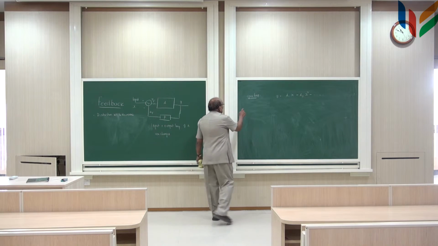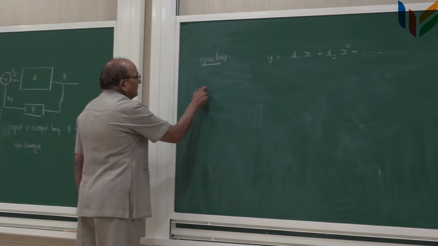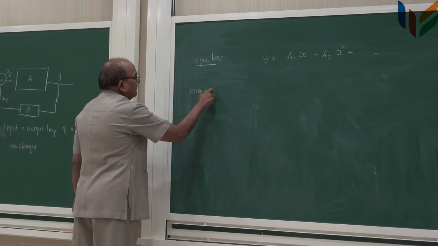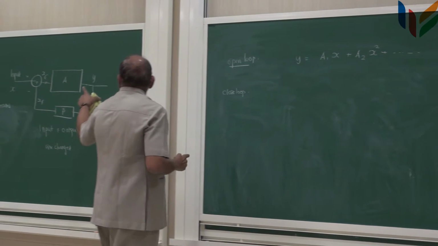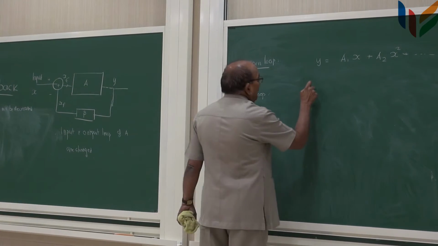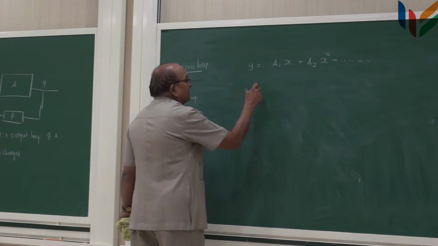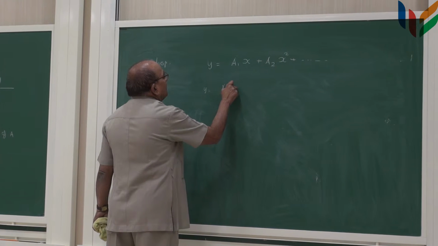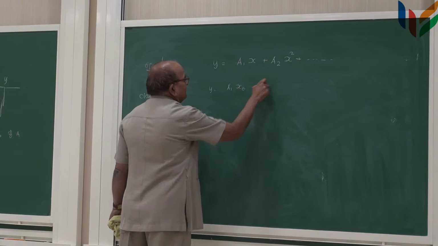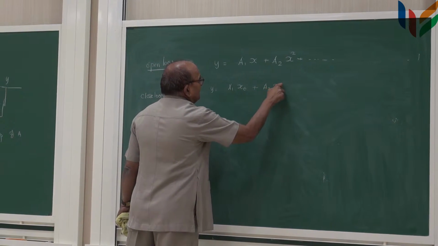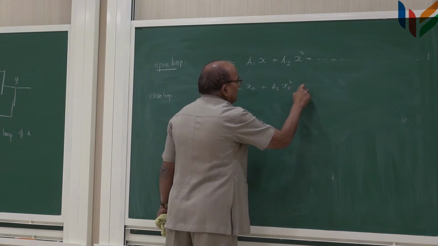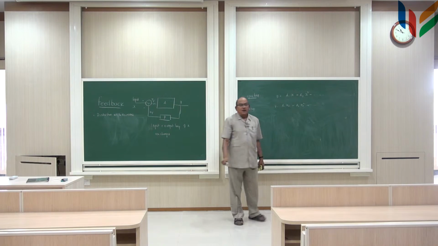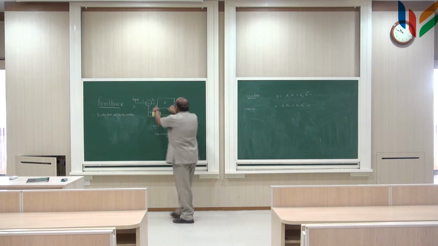So, in the closed loop case, the situation is y is equal to A1 times XE, right? As far as the black box is concerned, XE is its input now.